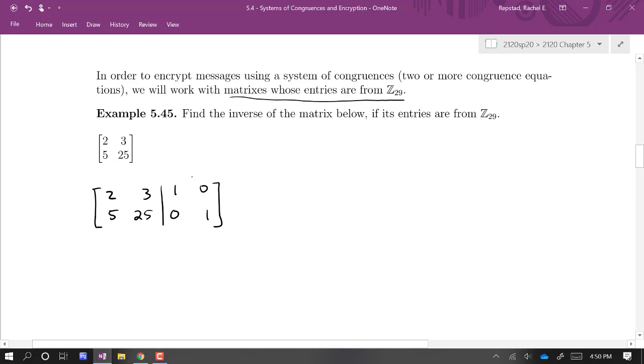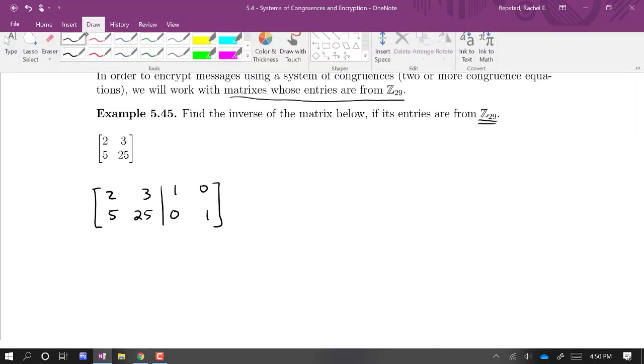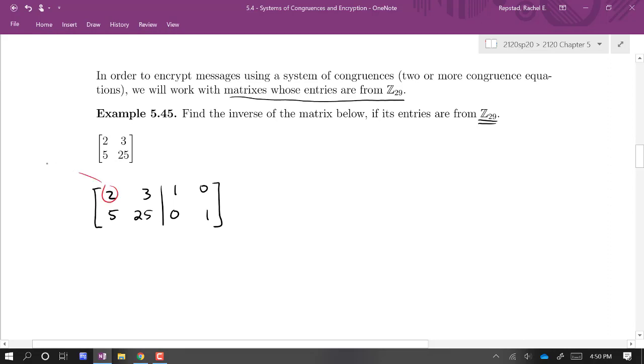Now, we don't have fractions anymore, right? These aren't real numbers. We're working with entries from Z29. So if I want a 1 here, I can't multiply by a half. What I have to do is multiply by the inverse of 2.